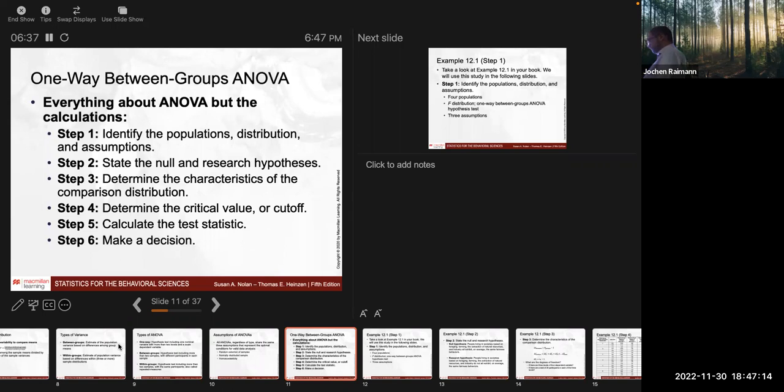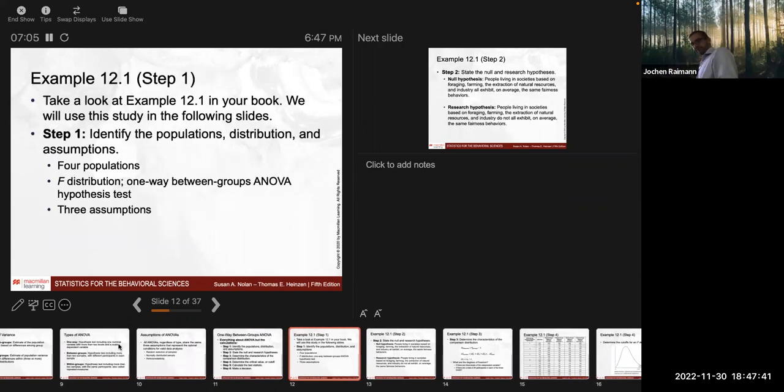We find a reason why we use ANOVA in the first place. We're determining our critical value and the cutoff, and then we calculate the test statistic: the variance between those means divided by the variance within. And then lastly, based on this derived F score, we are either accepting or rejecting the null hypothesis. Simple, right? Same procedure as it always was. The calculation is a little bit different.